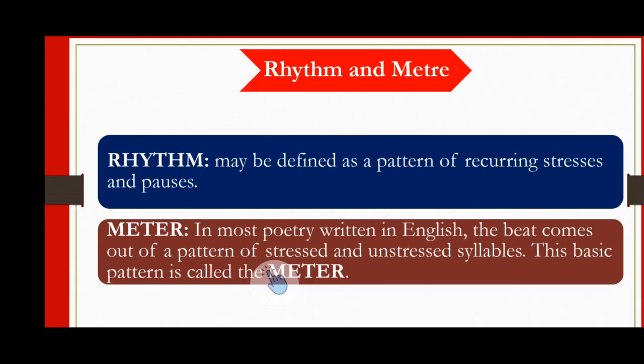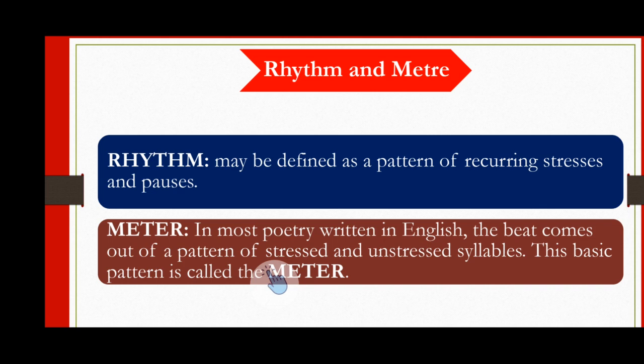So we can sum up that a rhythm is a recurring stressed and unstressed syllable pattern in a line of poetry. And a meter is a regular arrangement of the syllables according to the number and type of beats in a line of poetry. So, on the one hand, we have recurring stressed and unstressed syllables in a line of poetry. That is called rhythm.